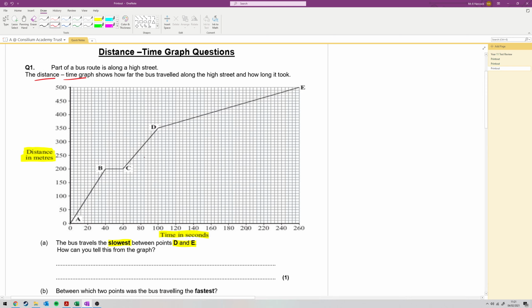Well, let's have a look. D is there and E is here. What I'm going to do is try and make it parallel. That's about parallel. Okay.